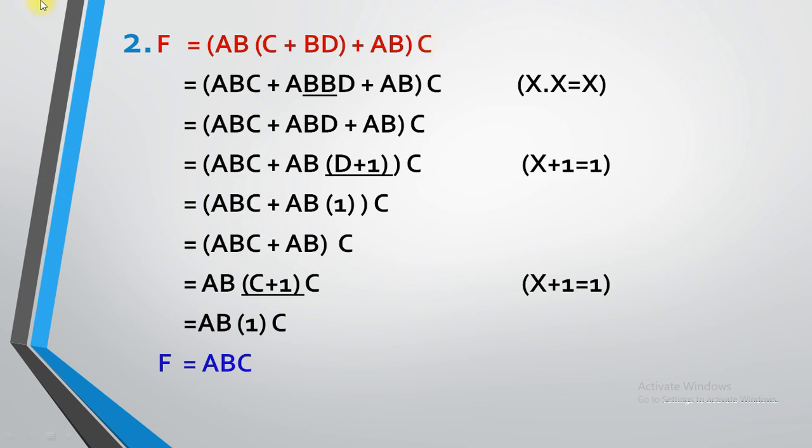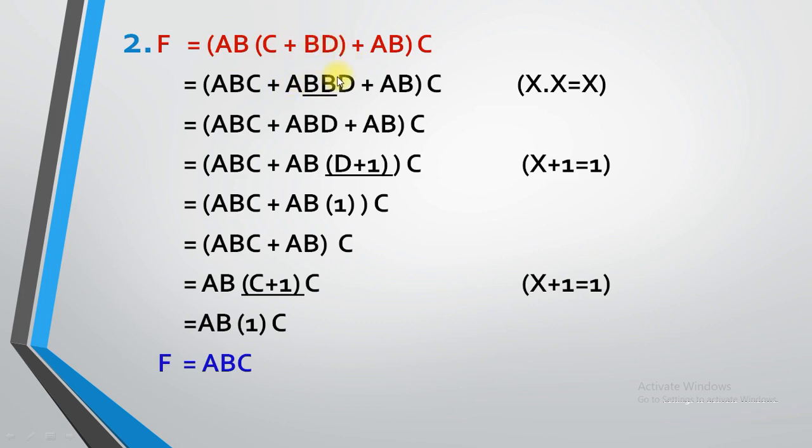Just open the bracket and try to simplify the term. Don't touch this particular C right now, keep it as it is. First of all, open the bracket. So for opening the bracket, AB can be multiplied with C, and AB can be multiplied with BD.